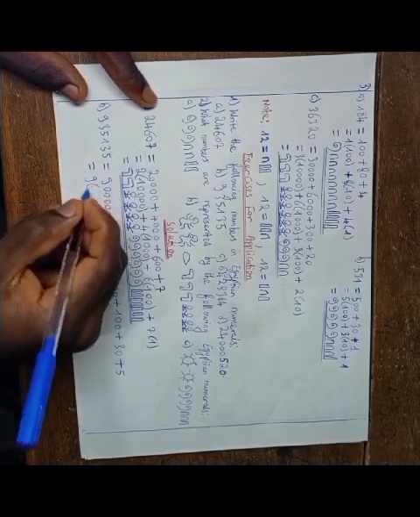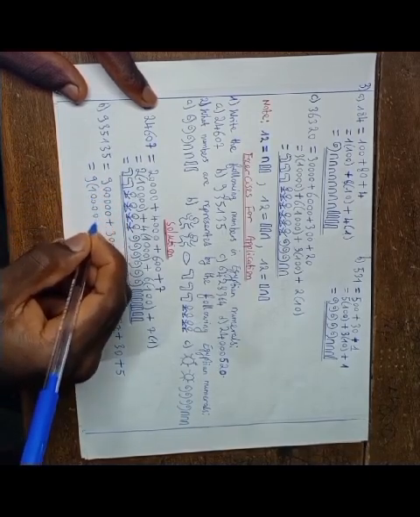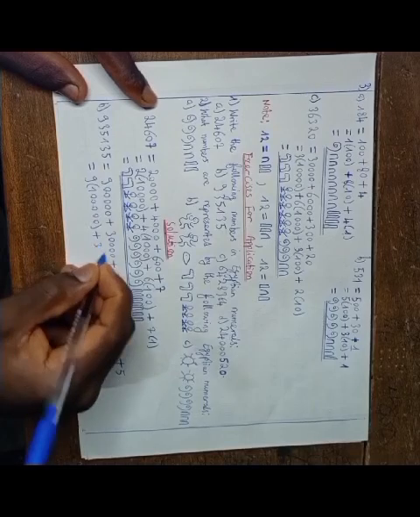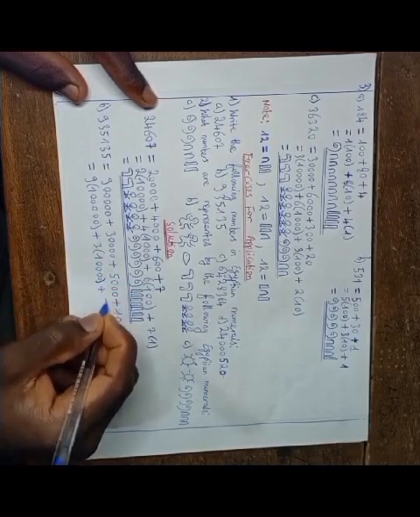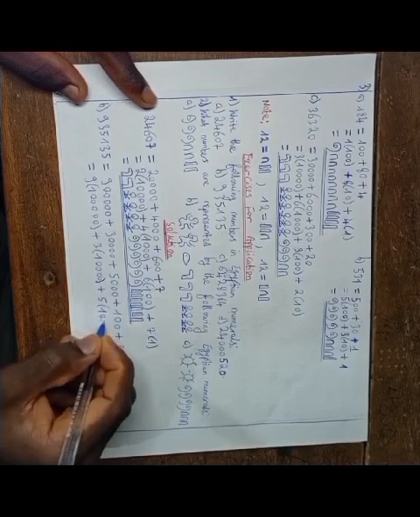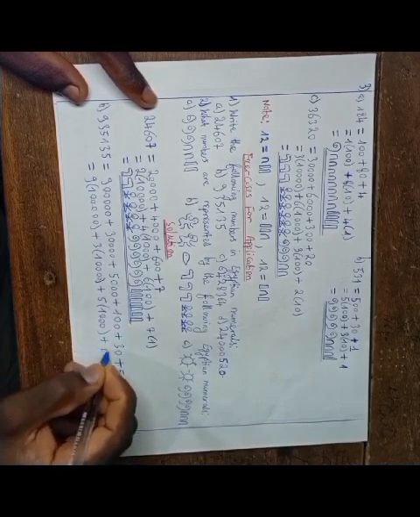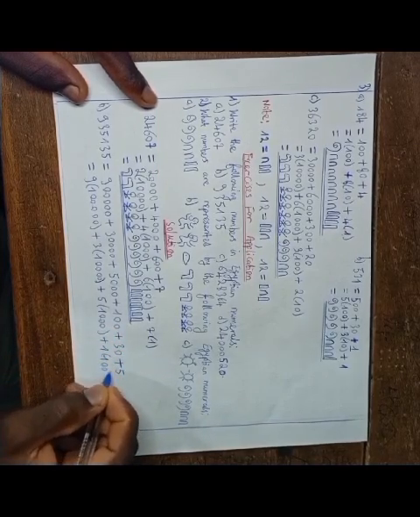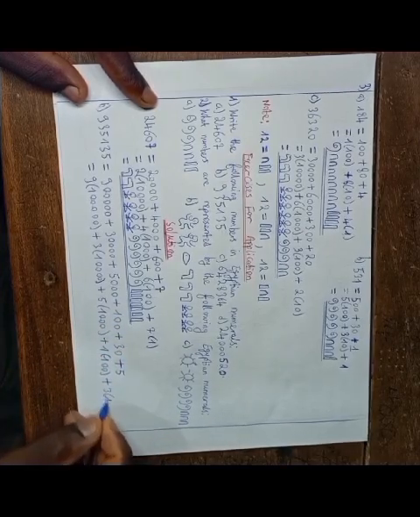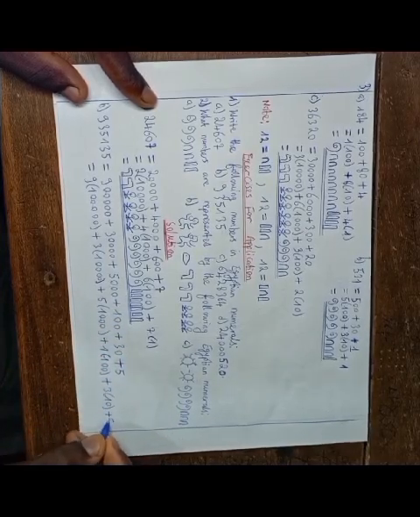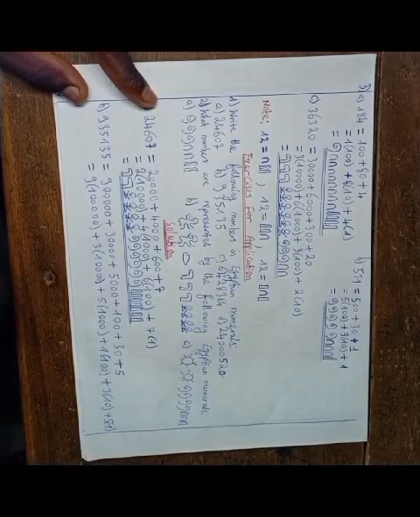This is simply equal to 9 times 100,000 plus 3 times 10,000 plus 5 times 1,000 plus 1 times 100 plus 3 times 10 plus 5 times 1.